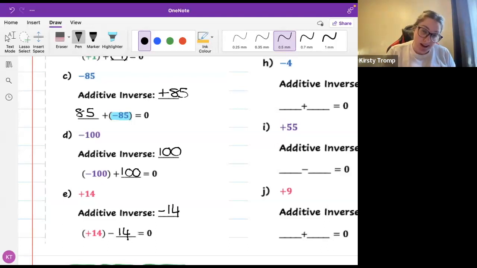In this case, what had they done for us already? They had already put the sign outside of the brackets. So we didn't need to put our brackets in, because if we put our brackets in, it would have made the sum really confusing. But because they had already put the sign in there for us, we could just say 14 minus 14 gave me 0.